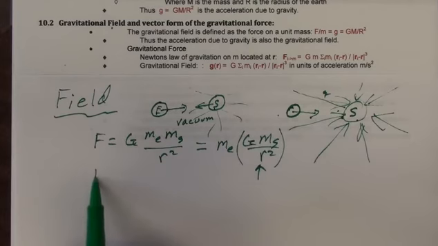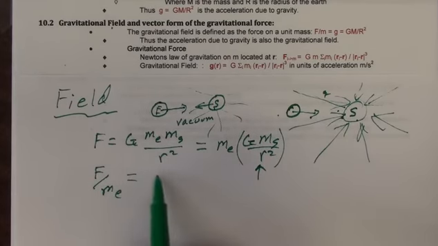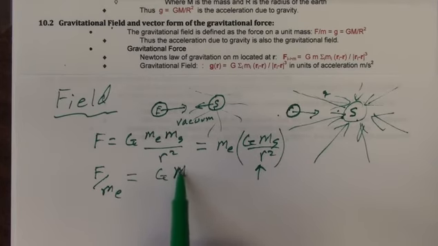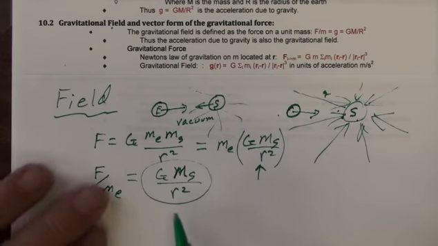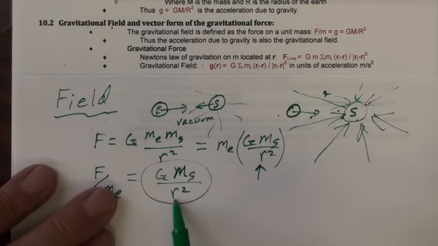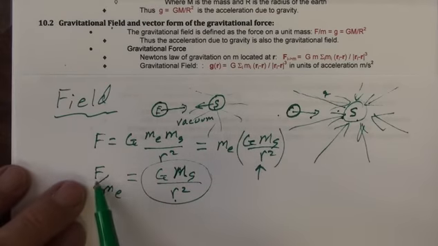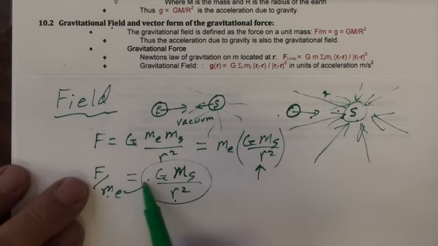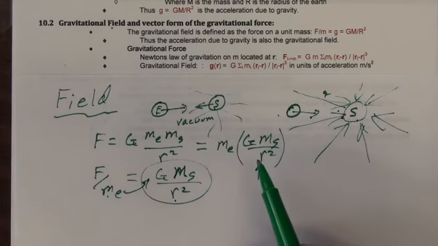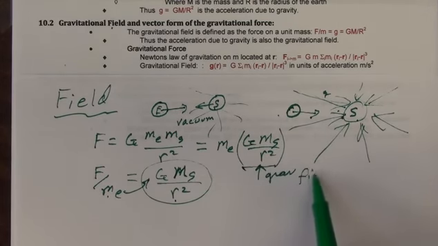In other words, the force per unit mass of the Earth, the force divided by the mass of the Earth, gives you G mass of the Sun over r squared. And therefore they said, let's call this the gravitational field. And therefore, the force that something experiences is the mass it has times the gravitational field. And sure enough, all they've done is factor this expression into something they call the gravitational field and the mass that finds itself in that field.